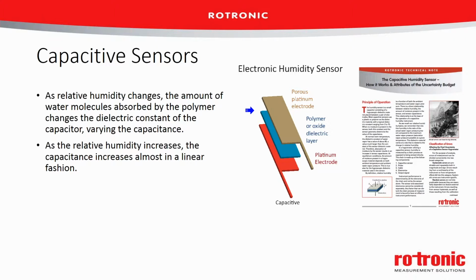Lower relative humidity, as all those water molecules are coming out of it, the dielectric constant is decreasing, which gives us a lower capacitance. These sensors are fairly linear in how they behave over relative humidity, but there are definitely little quirks and small curves within their response, both over humidity, and there's also some temperature effect on them as well.